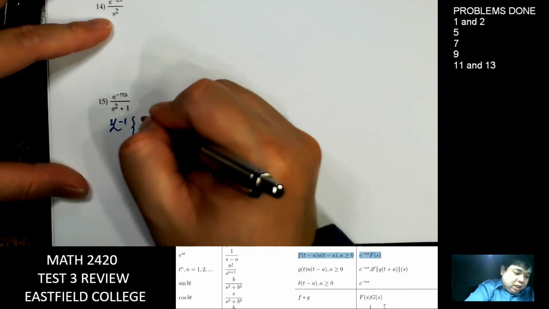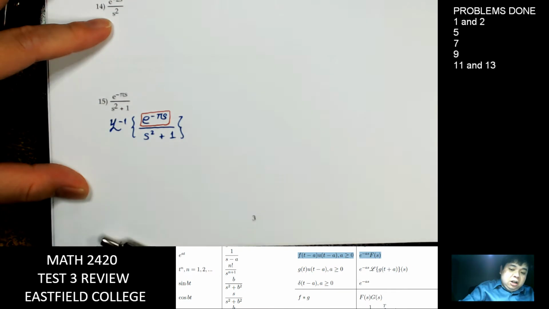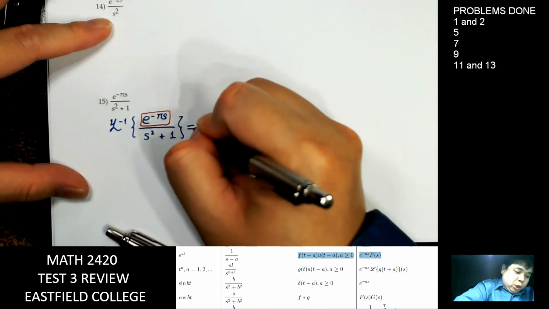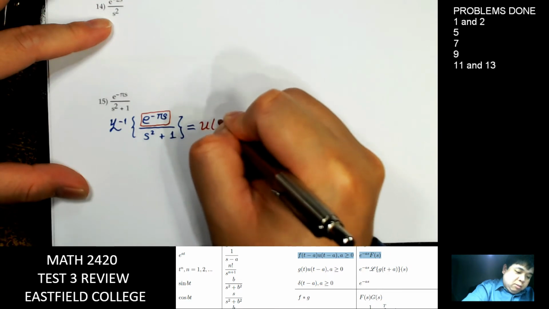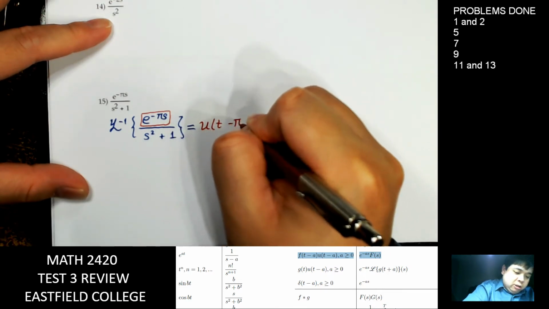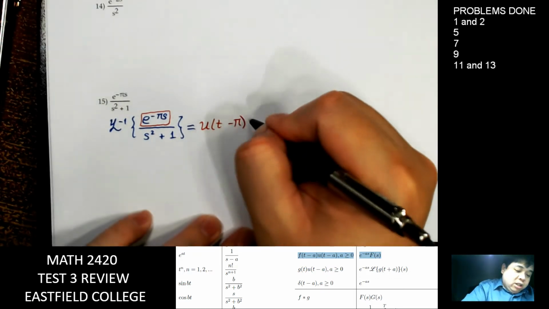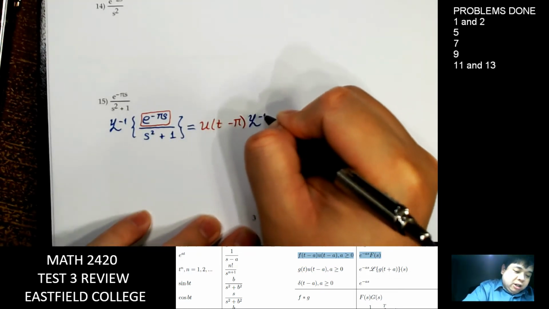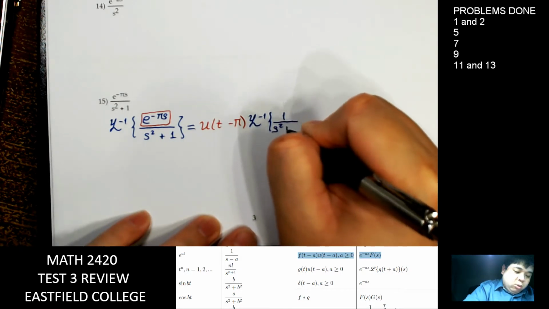First we see the e to the negative pi s. That is the unit step function u of t minus pi, and we'll take that away. Now we just have the inverse transform of 1 over s squared plus 1.